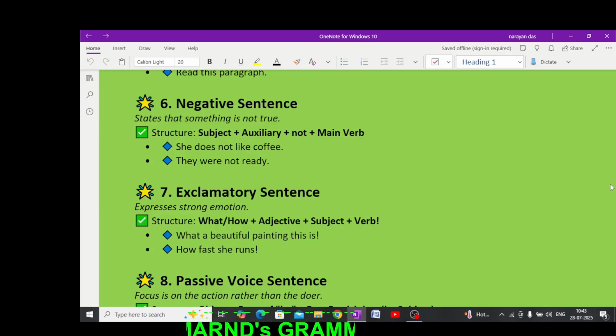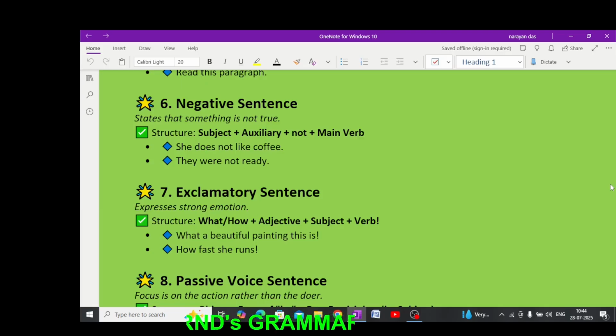You can also have exclamatory sentences beginning with exclamatory words like hurrah, alas, oh. But here I have discussed the important two structures beginning with what and how. So the structure goes like this: what or how plus adjective plus subject plus verb, then exclamation mark.